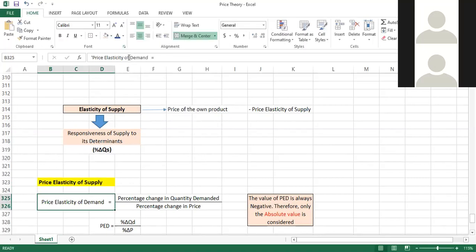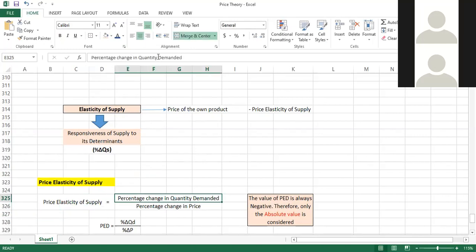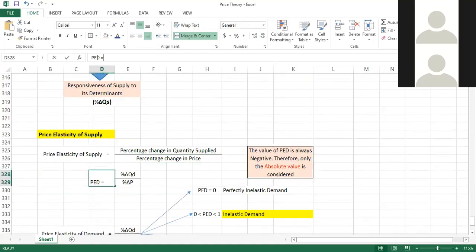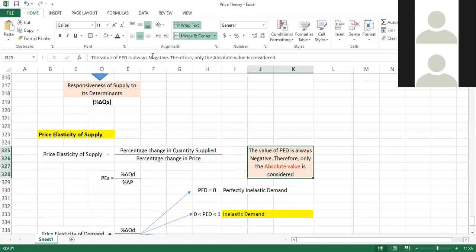The price elasticity of supply means what is the percentage change in quantity supplied of a product with respect to a given percentage change in price. And the value of price elasticity of supply is always positive, right? So always positive.